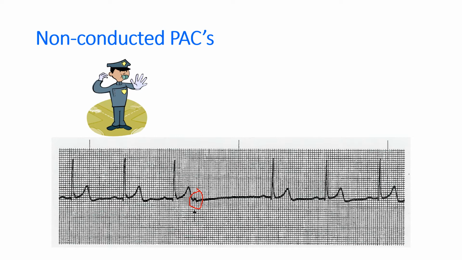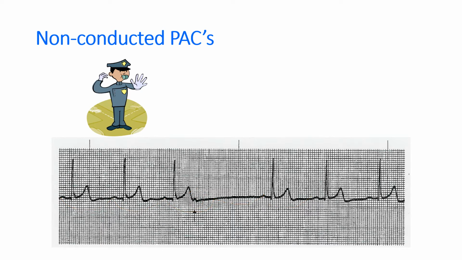You just have a P wave. And if you were to do your P to Ps, this is early, so it is a premature beat. And again, if you were to map out your P waves, this is a non-conducted PAC.